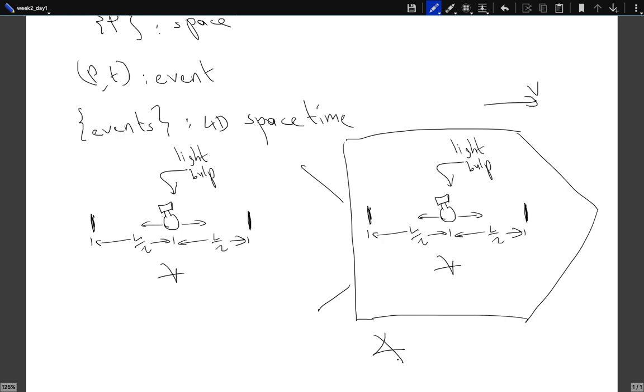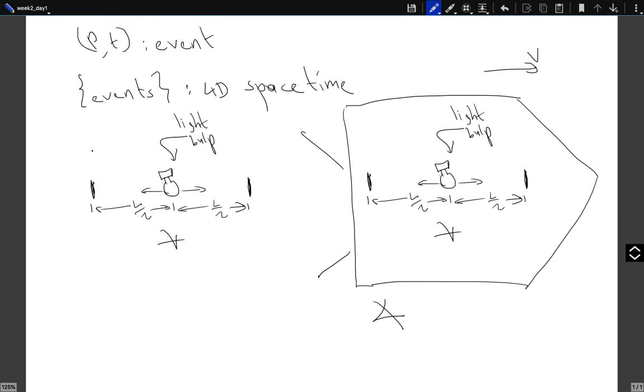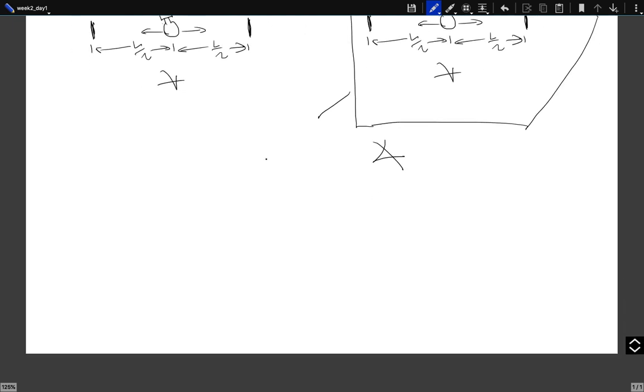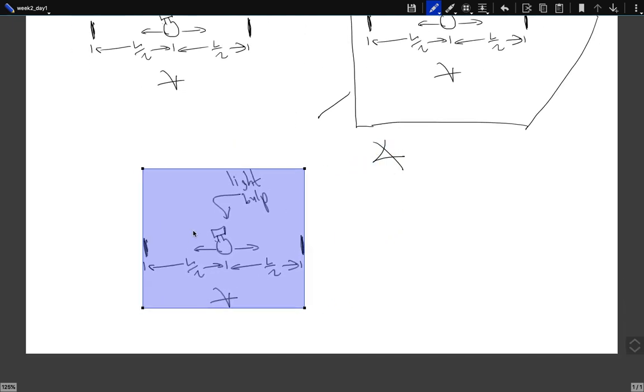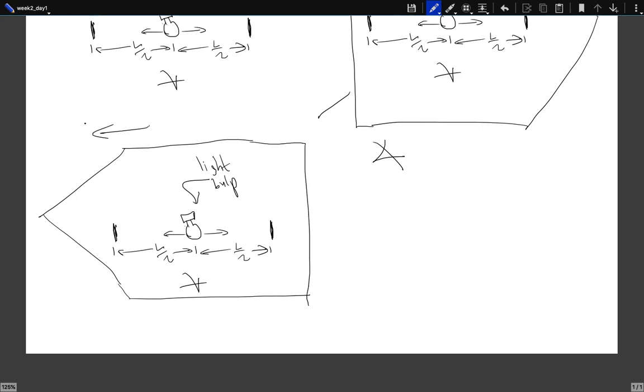For even a third observer, let's call this event 1. This is event 2. Let me pick up a third observer. For the third observer, the whole thing is moving in the opposite direction.